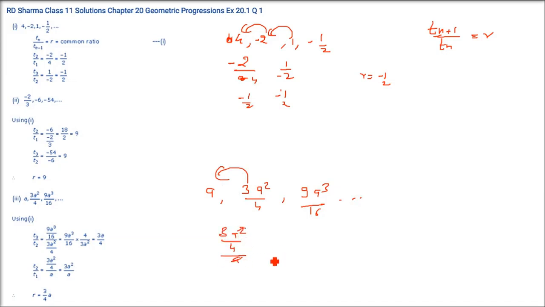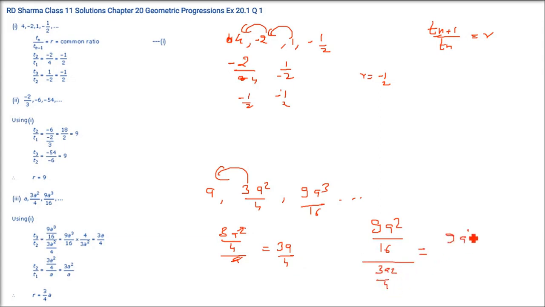3A squared by 4 divided by A, only A will cancel. So this will be 3A by 4, simply 3A by 4. Now there are other two terms, 9A cubed by 16, and we'll divide it by 3A squared by 4.